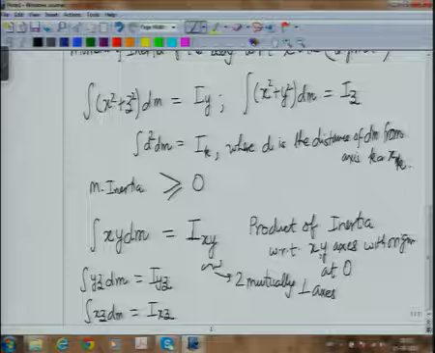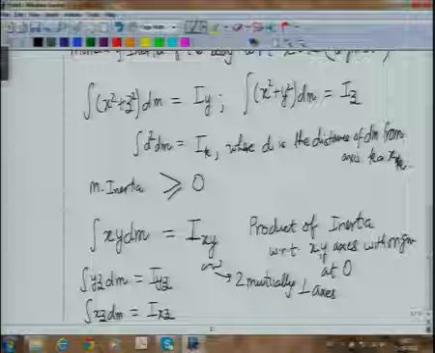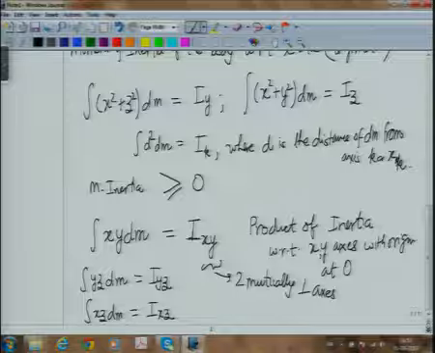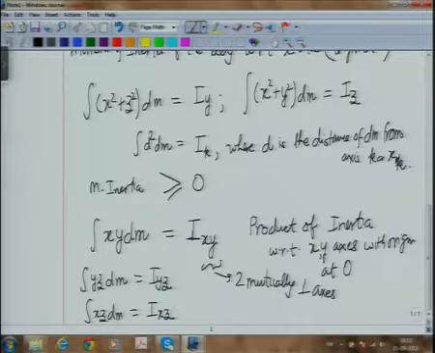The only thing I can tell you as of now is, suppose a product of inertia is not 0, let us say Ixy is not 0, and you are giving a couple to the body about the x axis.